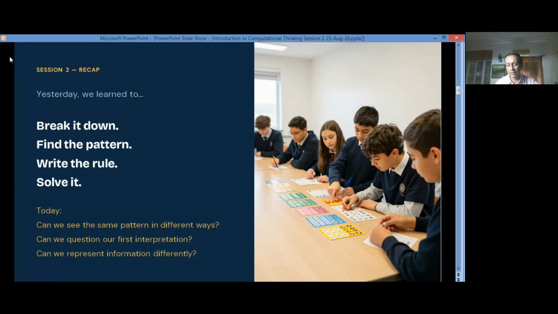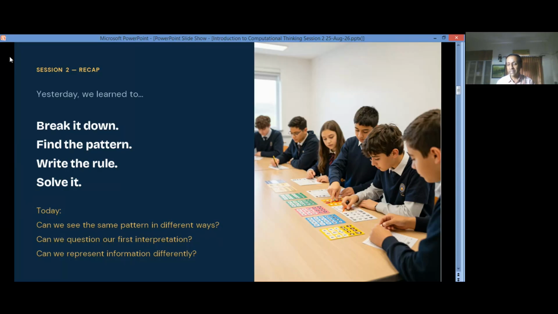When we identify a pattern and come to a conclusion, that is based on our initial thinking and analysis. Now, the important thing is to question our first interpretation, because there are many real world situations where we may form a certain opinion, we may interpret something in a certain manner, but that would not give us the complete picture.